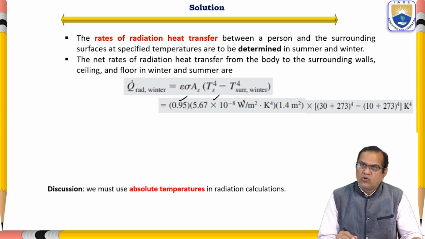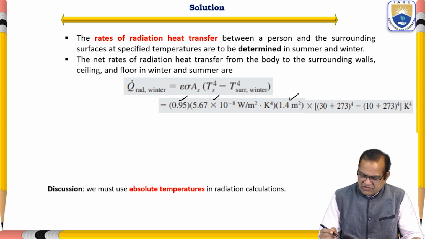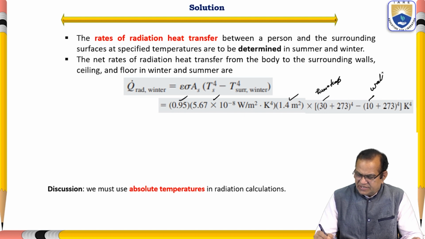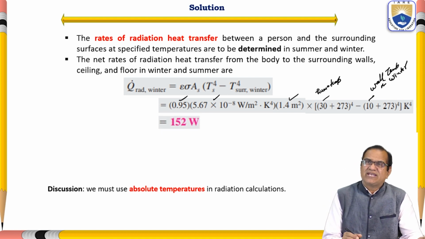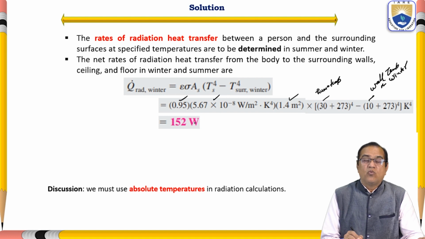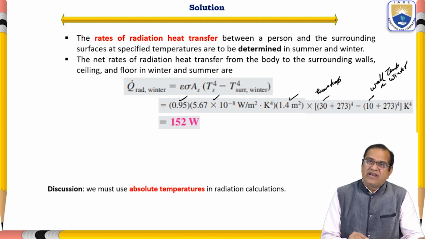These are known. The area is given, 30 degrees is the human temperature, and this is the wall temperature in winter. So you will get 152 watt. So for the winter, the rate of heat transfer is 152 watt.